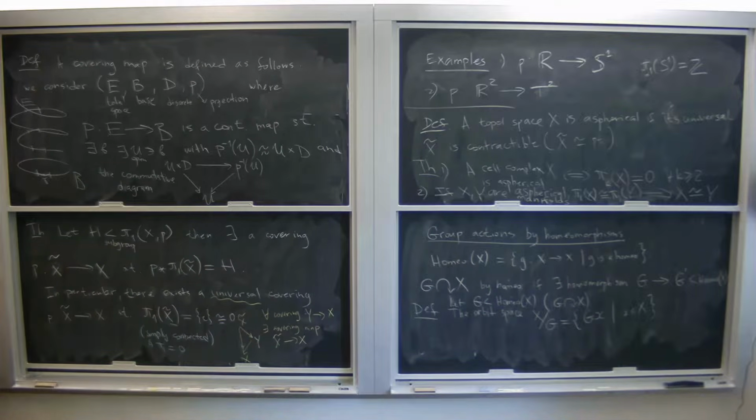Its elements are just orbits of elements. If two elements x and y sit in one orbit, they correspond to the same equivalence class. Okay, the question is, what do you think about the topology of this space?